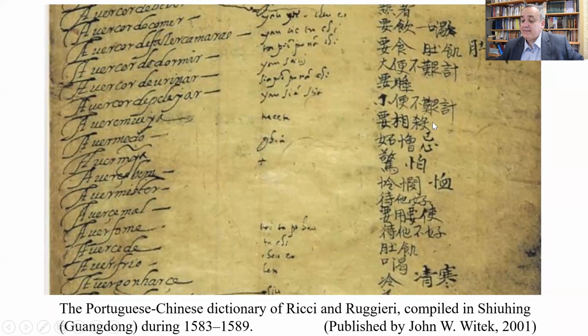So you can see phrases like 要相杀, so about to kill someone, or 惊怕, to be alarmed, or something like that. So this is very obvious that the entire dictionary is written in this way, and there are hundreds of pages. So this dictionary would have been quite influential at the time, and even though it was not published in printing, it would have had some impact.